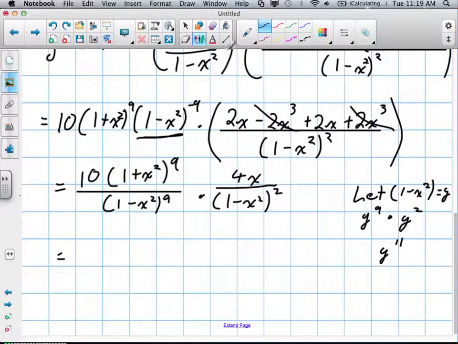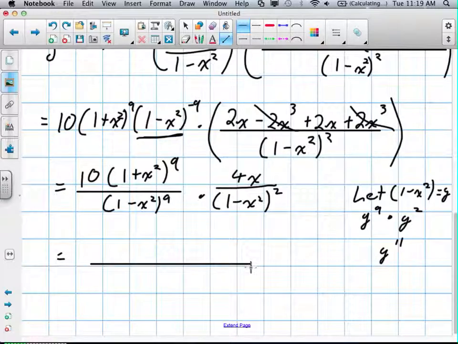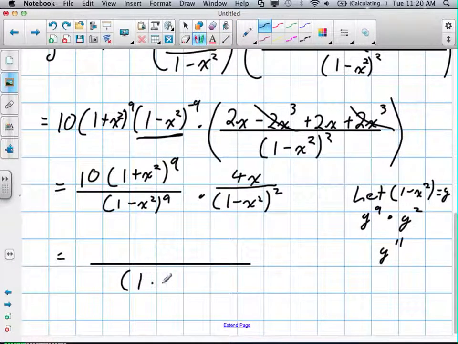So at the bottom, instead of writing y, we just did that on the side to make it simpler to look at: 1 minus x squared to the power of 11. And on the top, I'm just going to combine my 4x with 10. That will give me 40x. And we have 1 plus x squared to the power of 9.